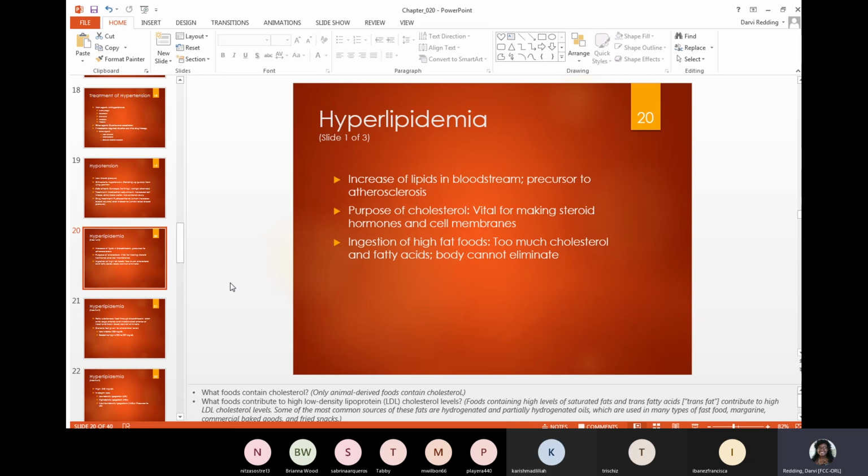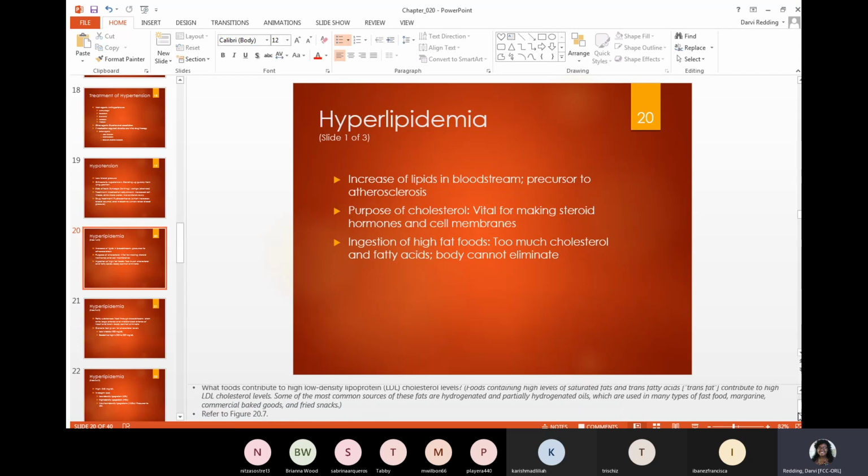So we have foods that contribute to our LDL in our cholesterol levels. An example of the LDL would mean low density lipoprotein. And so these are foods that contain high levels of saturated fat and trans fat, which is another example of trans fatty acids. And these contribute to high cholesterol.